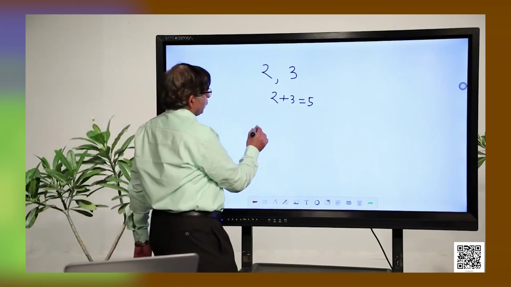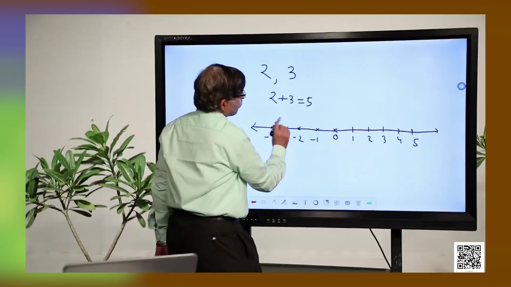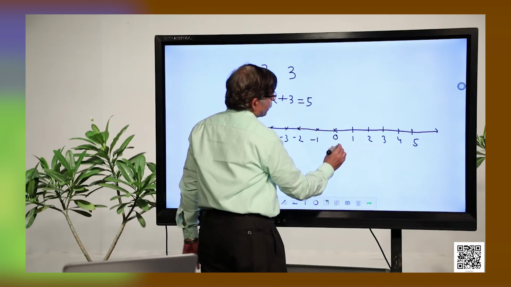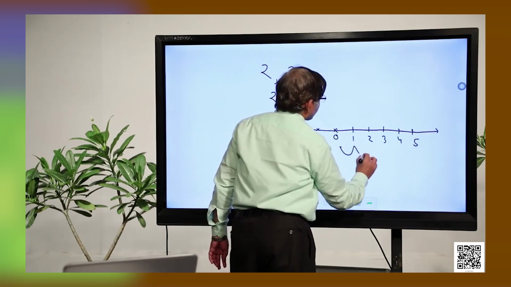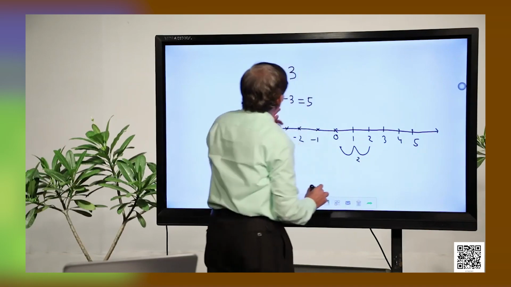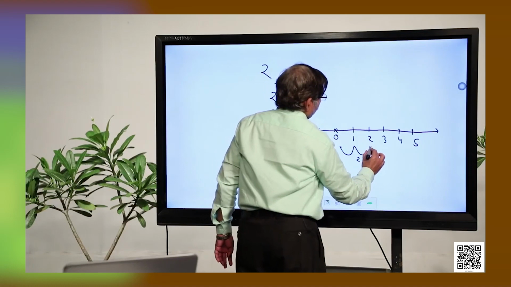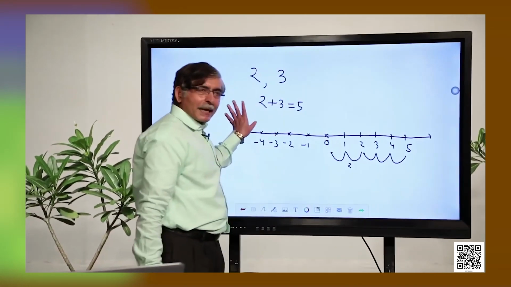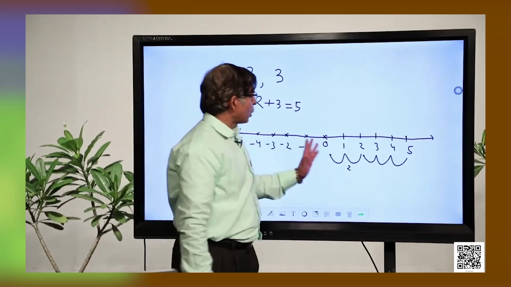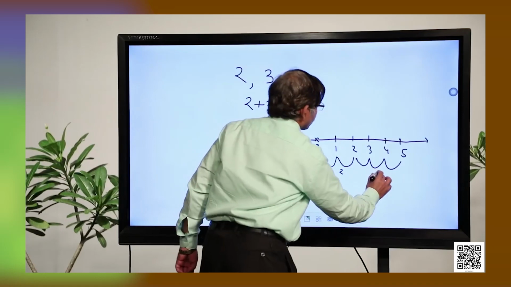So, this may be our number line. We have number 2. So, 2 will be on the right side. So, this is our positive side. So, 1, 2, this represents 2, and this 3 represents 1, 2, 3. Since it is addition, in case of addition we have to move to the right hand side. So, here this is 3.